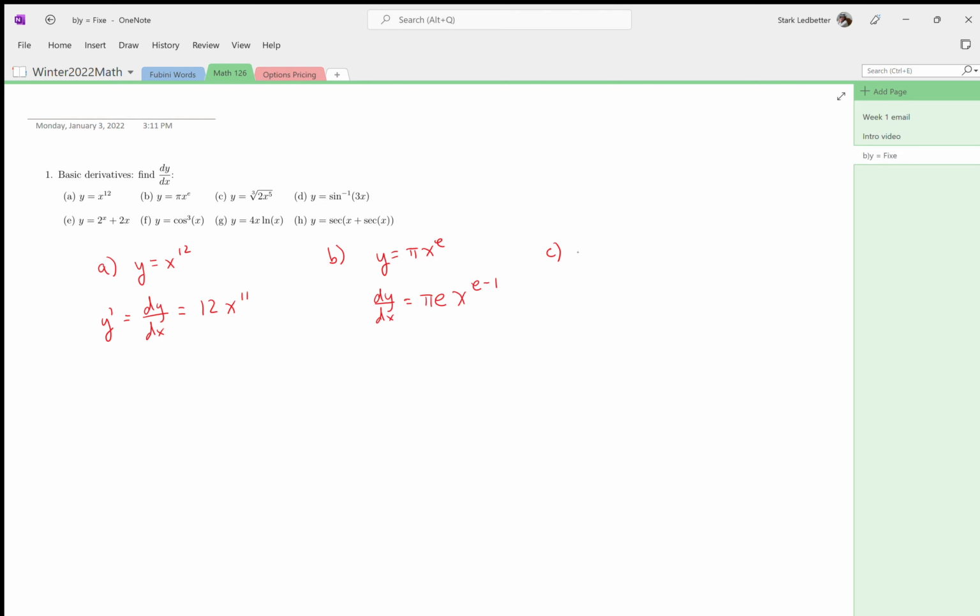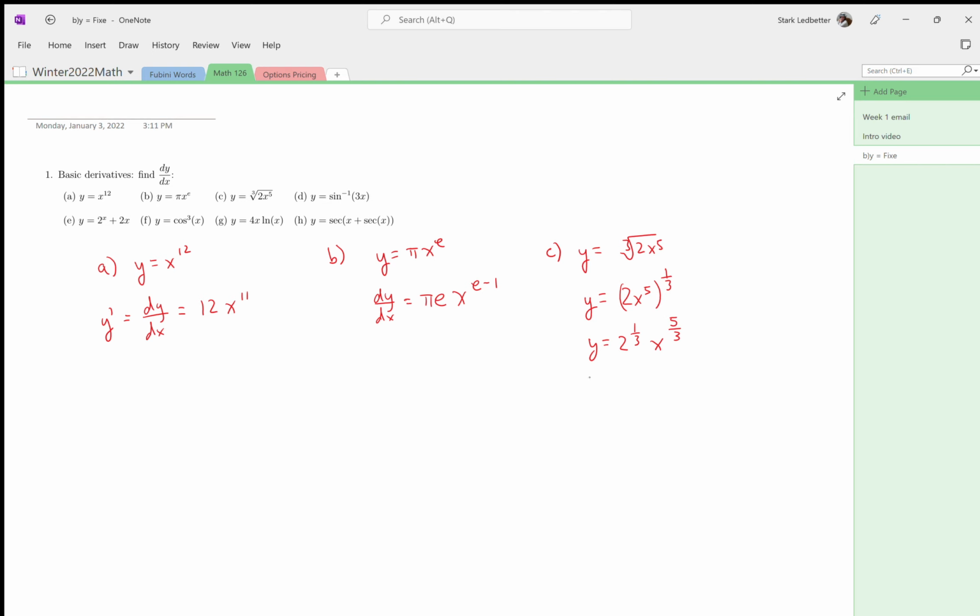Okay, for part C, we're still doing power rule, but it's looking more complicated. If you have a cube root, that's like taking a power of 1/3, right? So let's just mess with the original for a minute before we take a derivative, which is sometimes advisable. I'm going to distribute that power, so it's going to be 2 to the 1/3 times x to the 5/3.